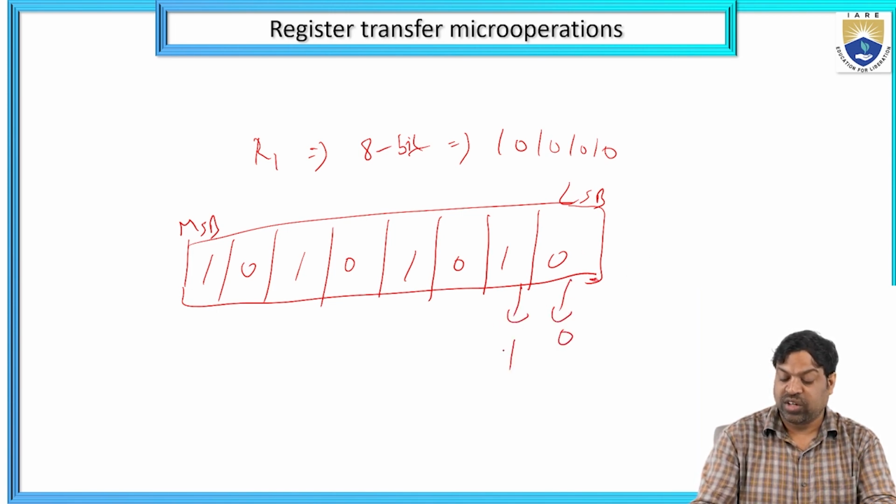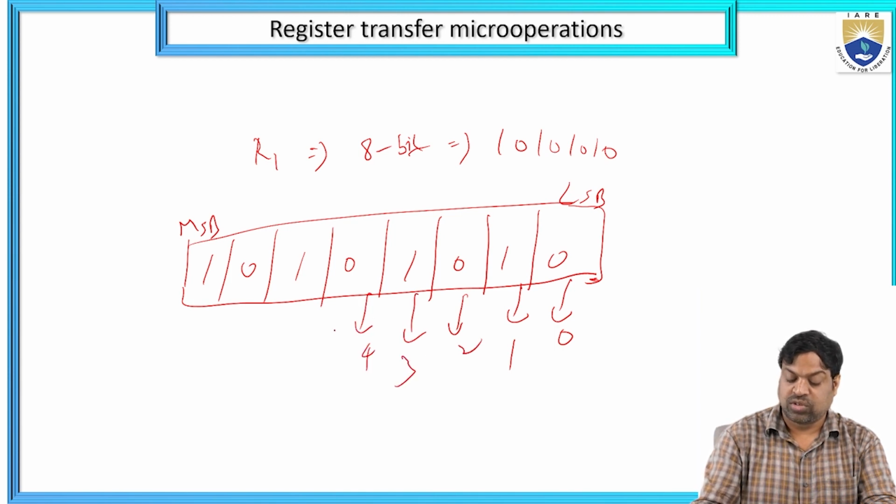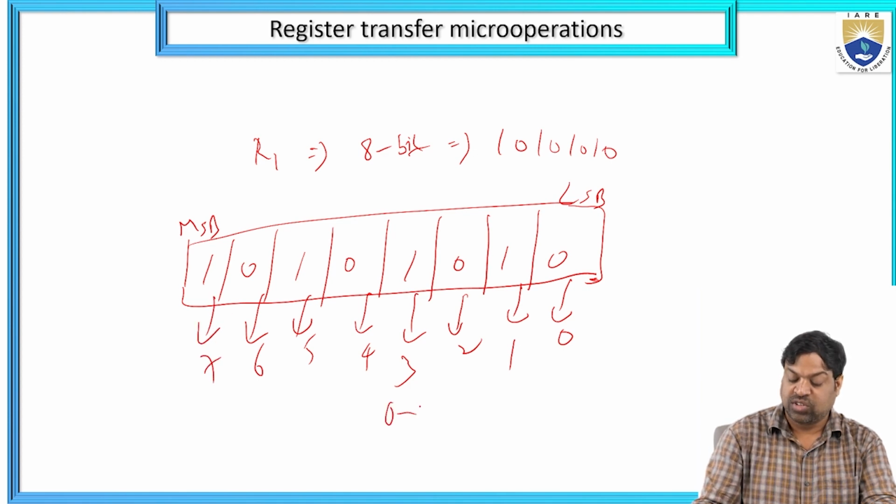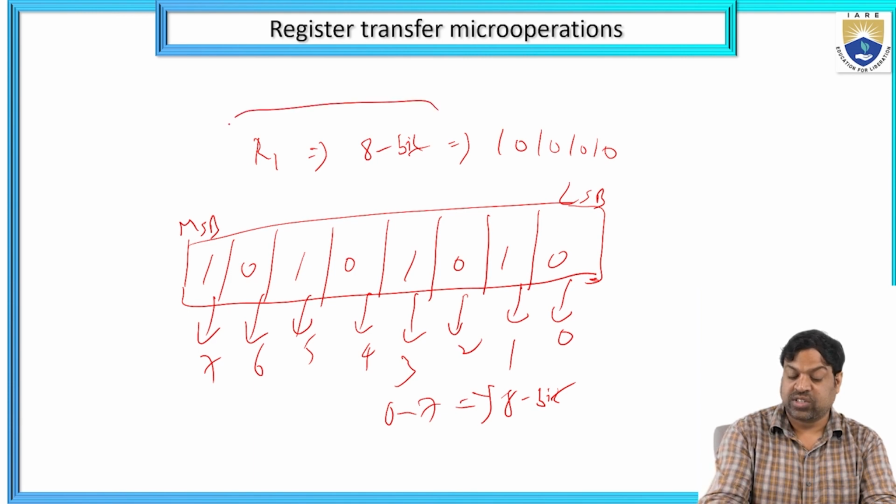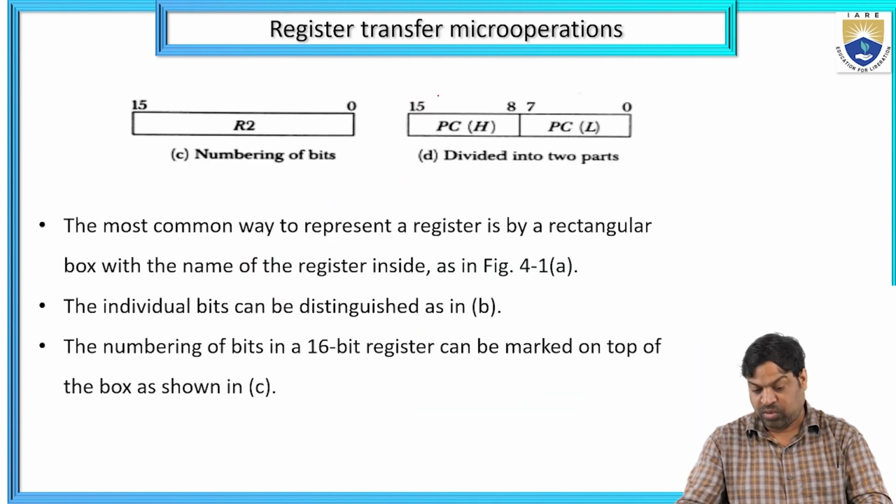The bit value is 0 here, then first position, second, third, fourth, fifth, sixth, seventh. So 0 to 7 means it is an 8-bit register. The 8-bit register is R1. That is one example.